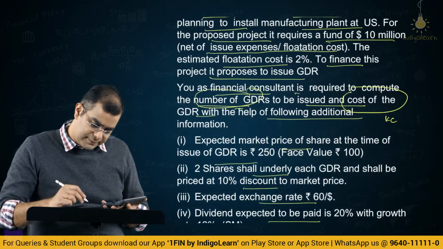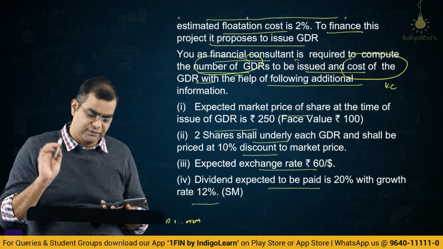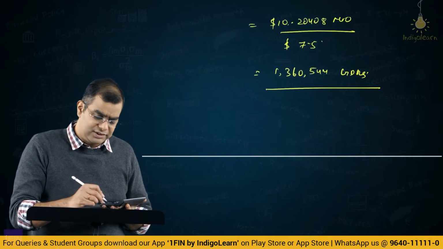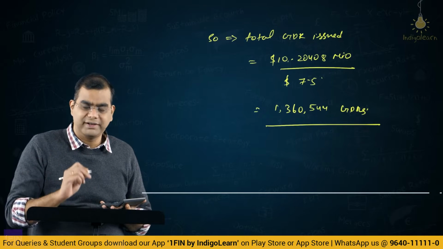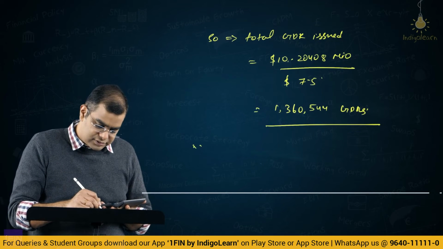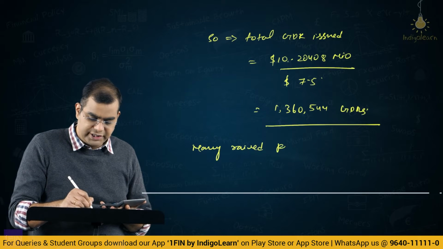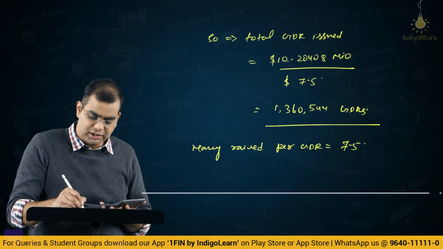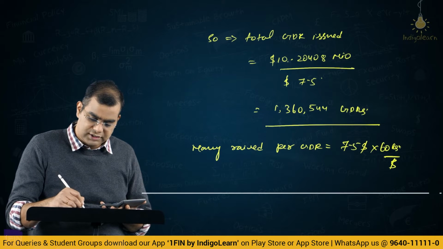Is that what they asked? What did they ask? As a financial consultant, you are required to compute the number of GDRs. So, we have computed the number issued, and the cost of GDR we will come to. But please note, you are issuing each GDR at $7.5. So how much money will you get? Money raised per GDR is equal to $7.5 into 60 rupees per dollar, that is 450.